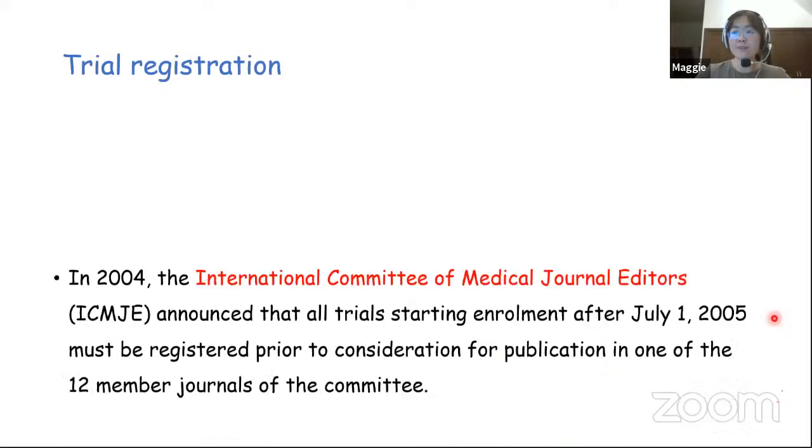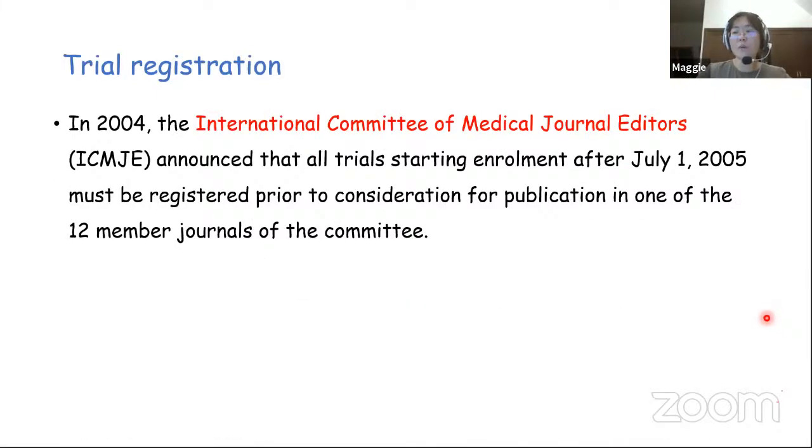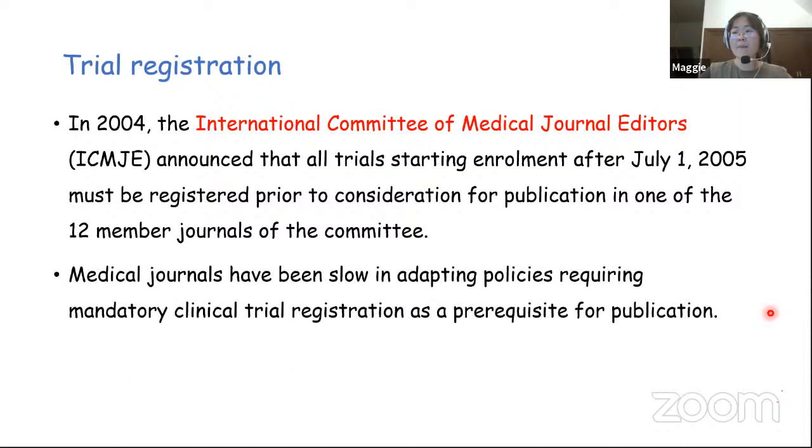So, when you do randomized control studies, you need to get the trial registration. In 2004, the International Committee of Medical Journal Editors announced that all randomized control studies, all clinical trials, need to be registered before you do the experiment.